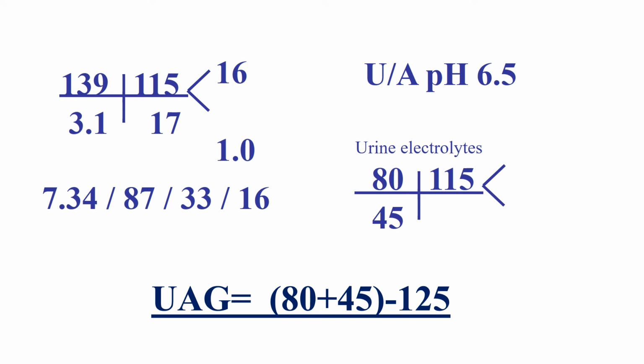Even if it is zero, it'll tell you that the patient has a very poor ammonia generation and should suggest that this may be an RTA, and likely a distal RTA because your potassium levels are low in this patient, right?